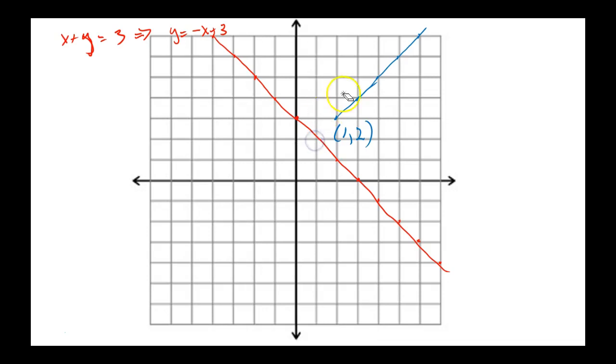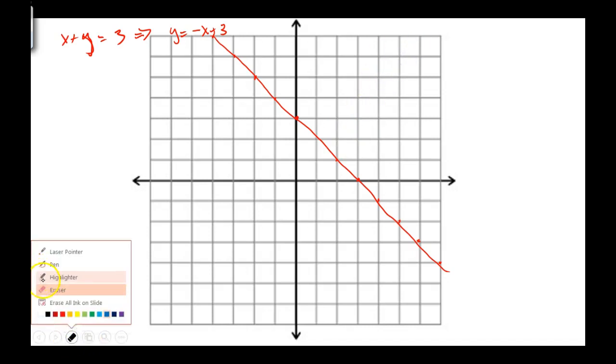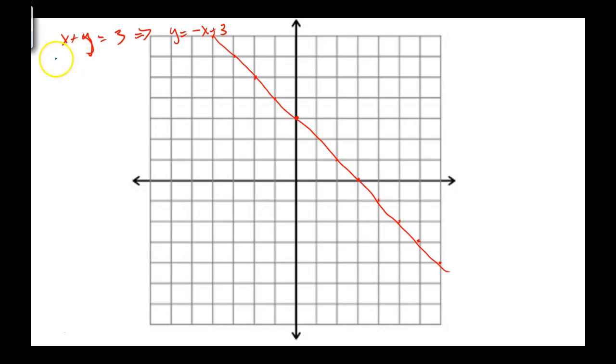I got it. Okay. Erase that too. All right. The second equation now becomes 2x plus 2y is equal to 6. How would you solve that system of equations?